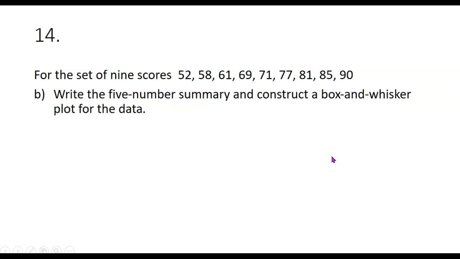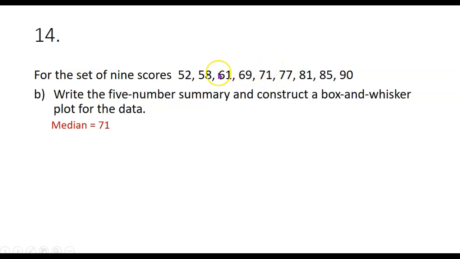Now for the 5-number summary, remember that's the 3 quartile numbers, Q1, Q2, and Q3, and the minimum and maximum. So Q2 is the same as the median of the whole thing, and that would be 71. Q1 would be the median of the numbers that are below the overall median.